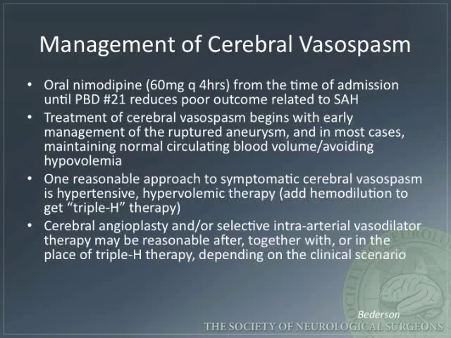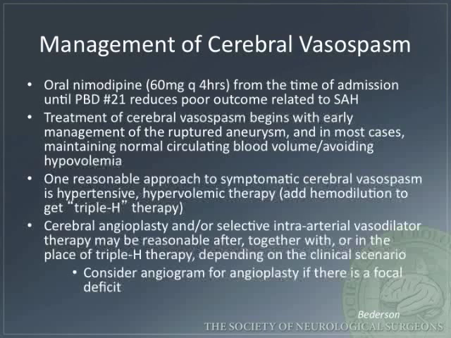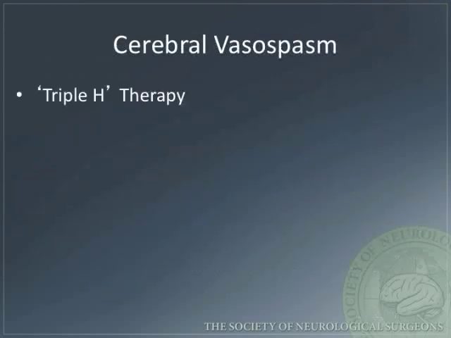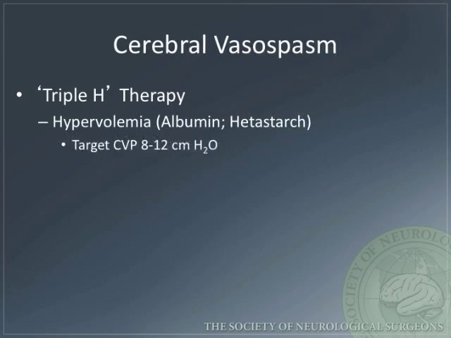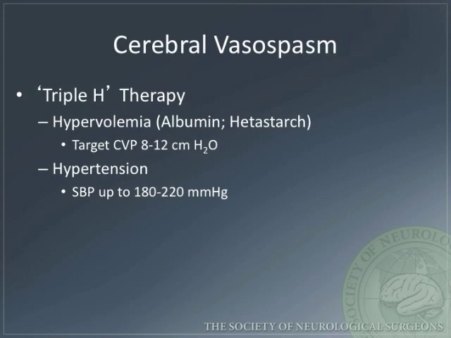Cerebral angiography and/or selective intra-arterial vasodilator administration therapy may be reasonable after or together with or in place of HHH therapy, depending on the clinical scenario. Consider angiogram for angioplasty if there is a focal deficit. HHH therapy involves hypervolemia with a target CVP of 8 to 12, hypertension with systolic blood pressures up to 180 to 220, and hemodilutional therapy with a target crit of 33.